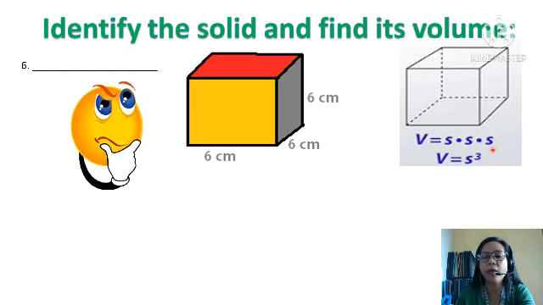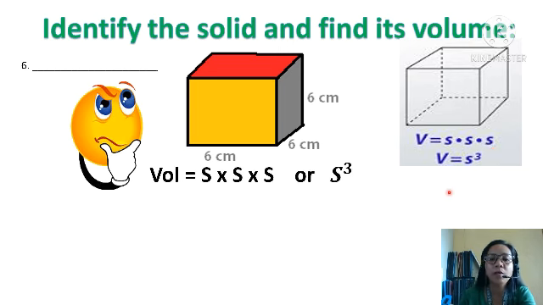Okay? So, paano gawin yan? Ganito lang. Volume of a cube is side times side times side or S cube. So, palitan natin yung letter S dyan doon sa given data ng length, ng width, at ng height ng volume. Okay? Dito natin kukunin. Huwag na tayong maghanap ng iba.